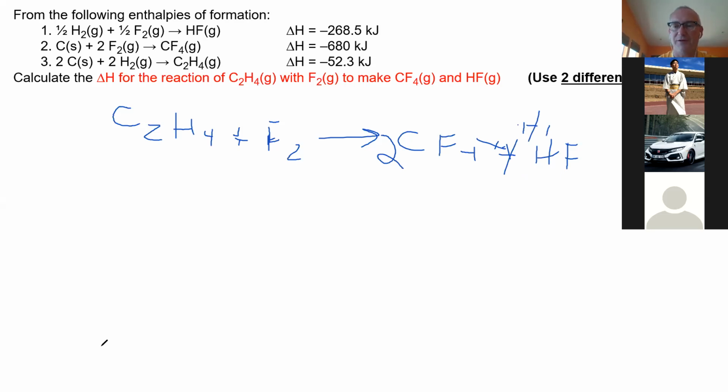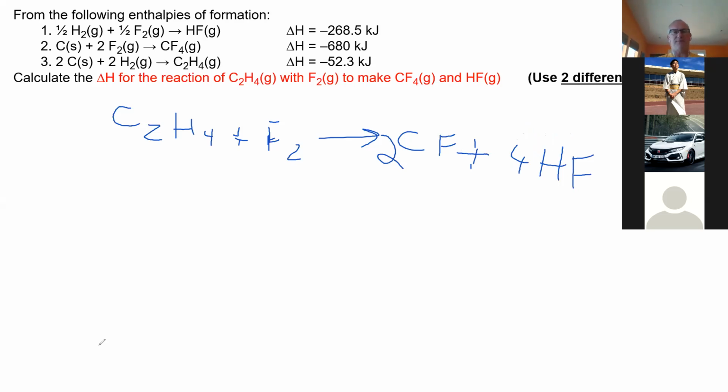Man, I don't know why I can't draw on this thing today. Erase all of this nonsense. Try it again. Plus 4 HF. There we go.